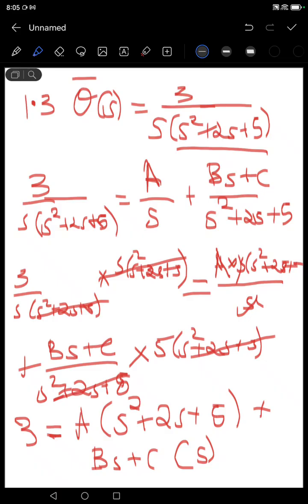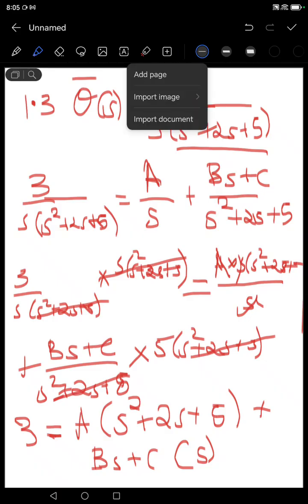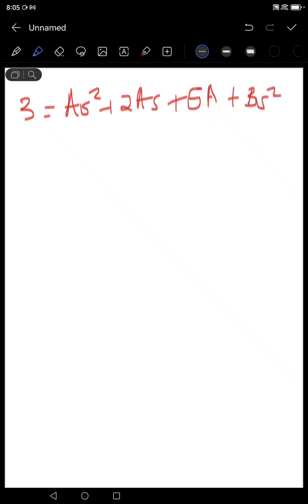First we're going to multiply the A with the s squared and 2s plus 5. So we're going to have 3 equals As squared plus 2As plus 5A, plus bs squared plus cs.